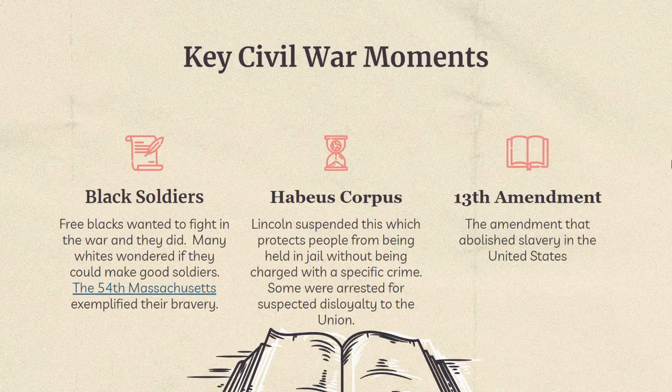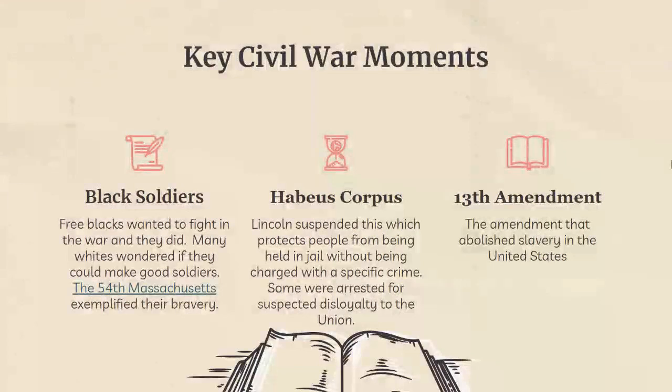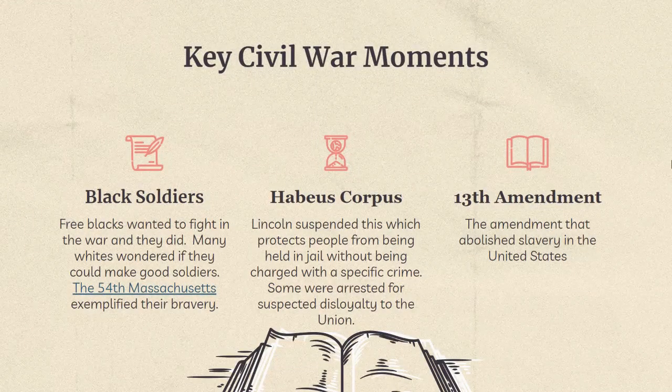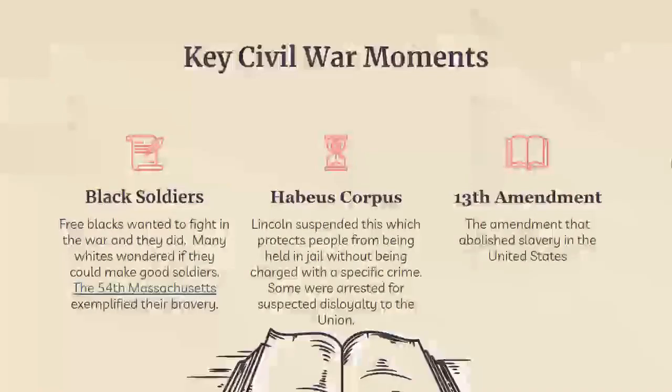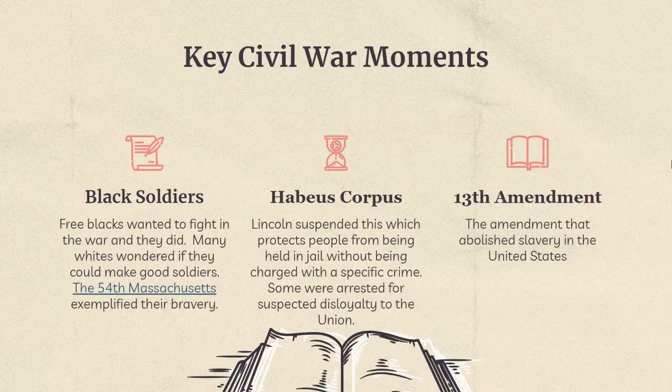Black soldiers, free blacks, wanted to fight, and they do fight. Many whites wondered if they could make good soldiers, but the 54th Massachusetts exemplified the type of bravery that they had. The 54th Massachusetts is probably the most famous black regiment in the Union Army.